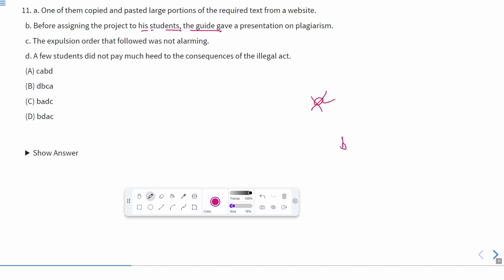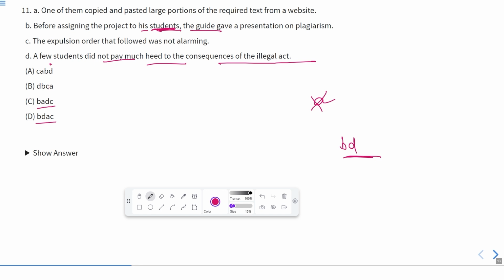After B, we have talked about his students, and a few students did not pay much heed to the consequences of the illegal act. It means whenever any illegal act is there, they did not care about it. So they have talked about those particular students. Now if we look at this pair BD, BD is given in the last option, BDAC, and here it is written BADC.